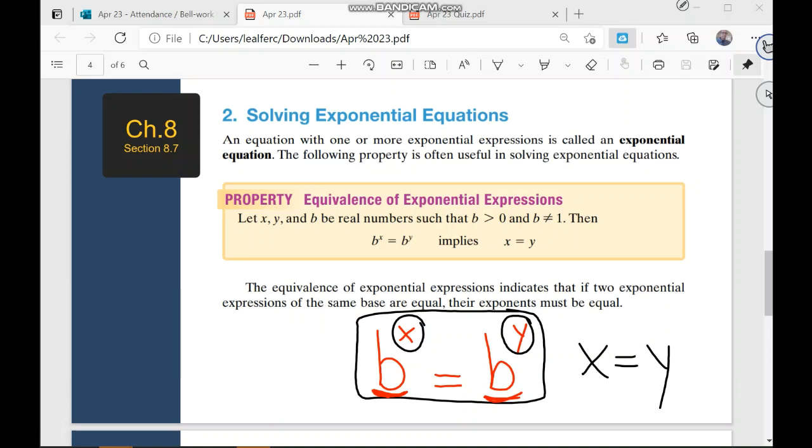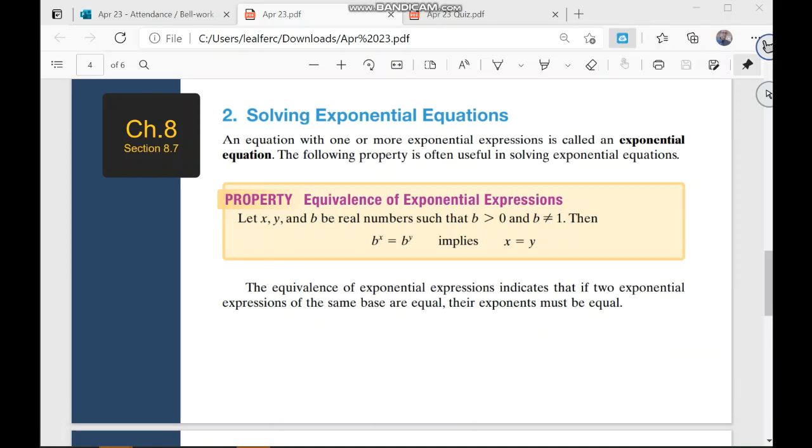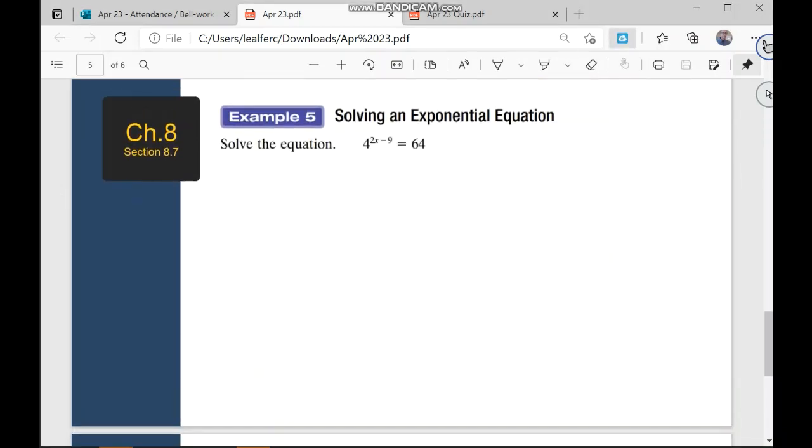Now let's apply this property to an example. We have an example here: 4 exponent 2x minus 9 equals 64. But wait a minute, we don't have the same base. We need to have the same base, right? To compare the exponents. And here we don't have the same base.